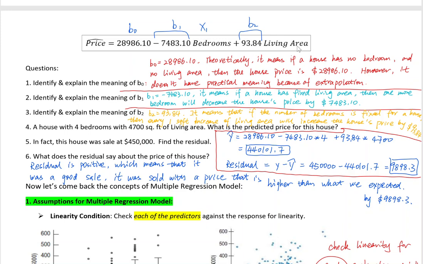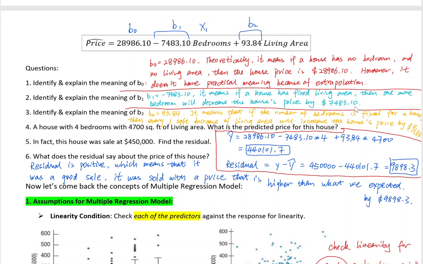For this case, that means you need to control the value of living area. So if a house has fixed living area, then one more bedroom will decrease the house price by this much.